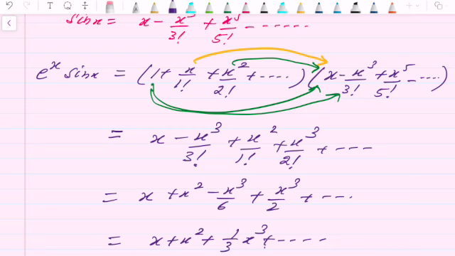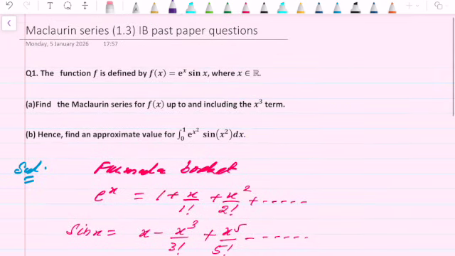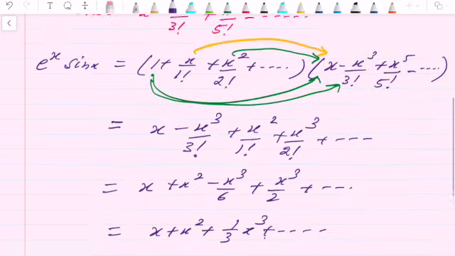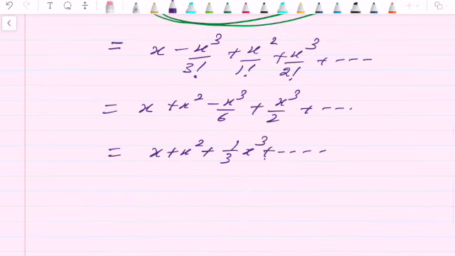Now let's look at part B of the question. We have "hence" in the question, so it means we have to use part A. So e raised to power x square into sin x square. First we get the expression e raised to power x square into sine of x squared.